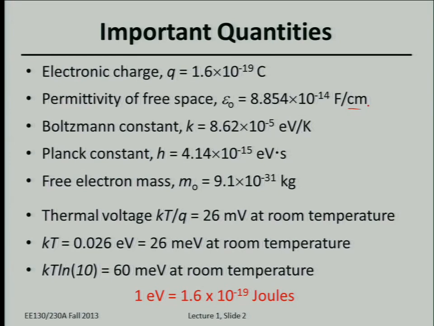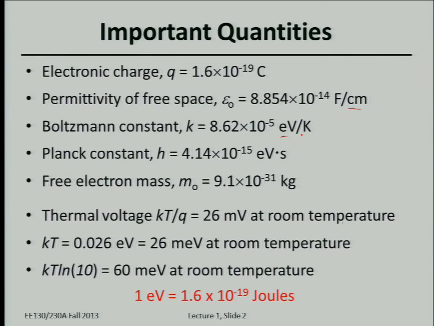Boltzmann constant, little k, 8.62 times 10 to the minus 5 electron volts per kelvin. In this class, it's just convenient to use electron volts rather than joules, and the difference between an electron volt and a joule is just the magnitude of the electronic charge, 1.6 times 10 to the minus 19.